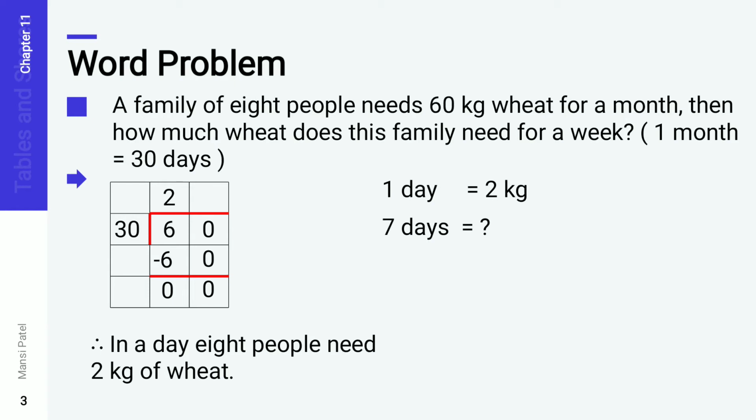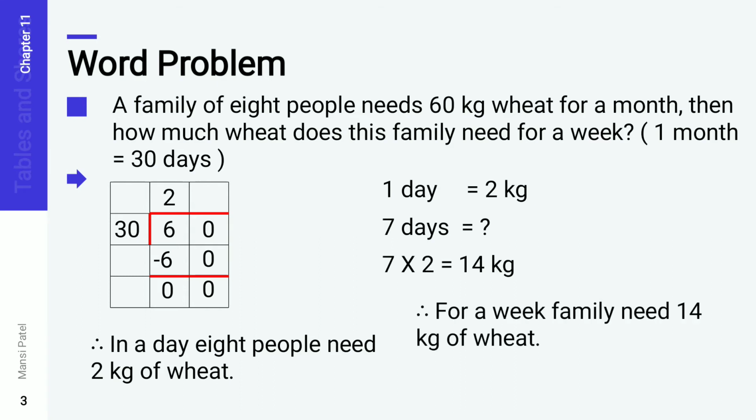So here you have to do the multiplication of 7 and 2. Therefore we can say that 7 2s are 14. 14 kilogram. Therefore for 1 week, the family needs 14 kilogram of wheat.